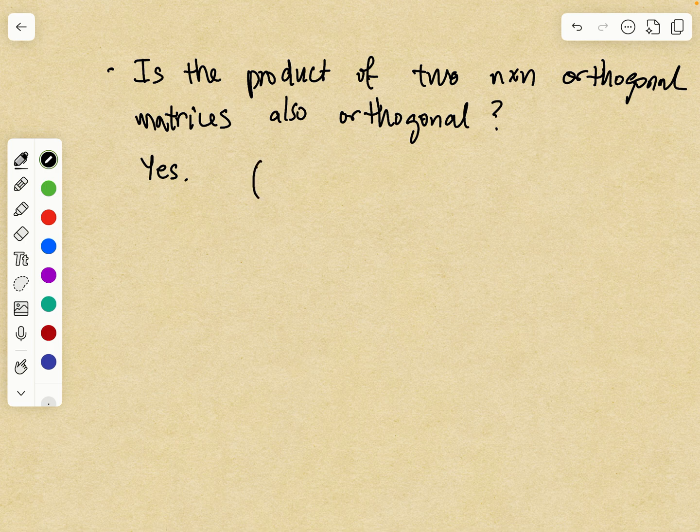So let's say that I have two n by n orthogonal matrices A and B. I want to check that A times B is orthogonal, so I need to multiply the transpose of AB by AB. Well, this is equal to B transpose A transpose AB.